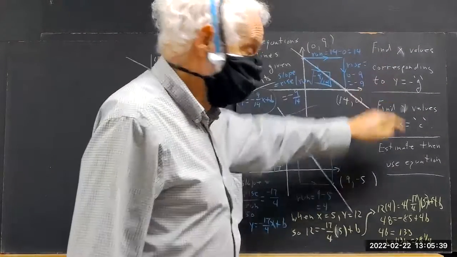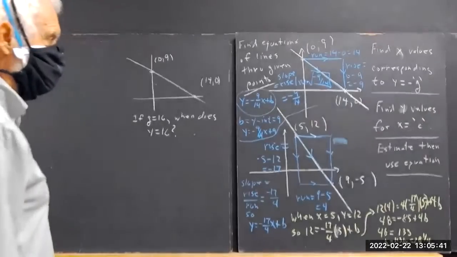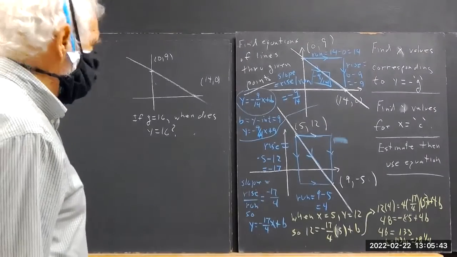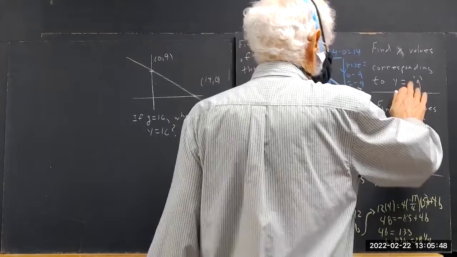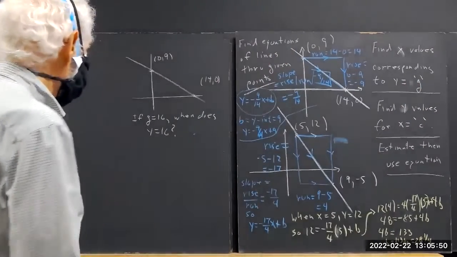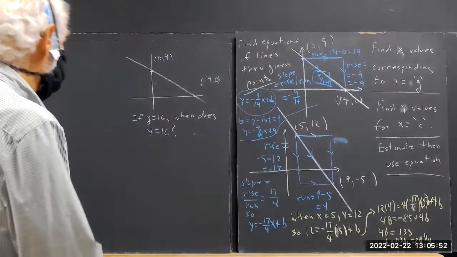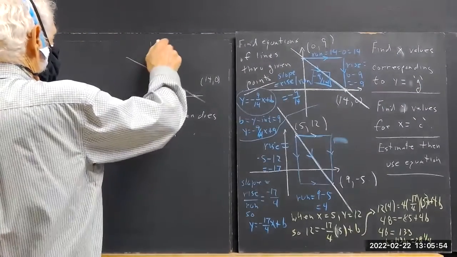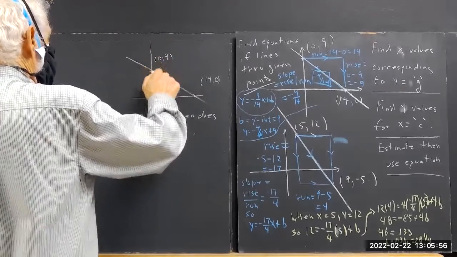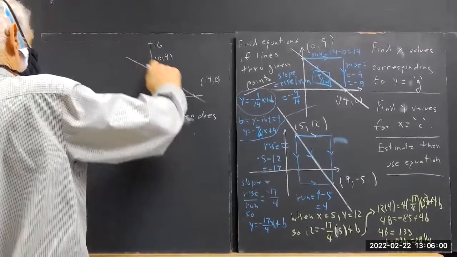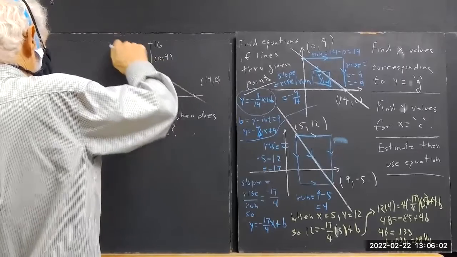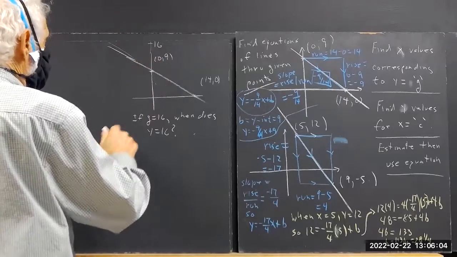What x value corresponds to y equals, it's negative. Oh man, it's negative 16. I don't want to use negative 16. My graph, I've already messed up. The graph would be way out here to get negative 16. So we're going to say, okay, here, let's do 16. This is 9 is conceivable, but this is 16. So the graph should extend a little further. Now let's a little better.